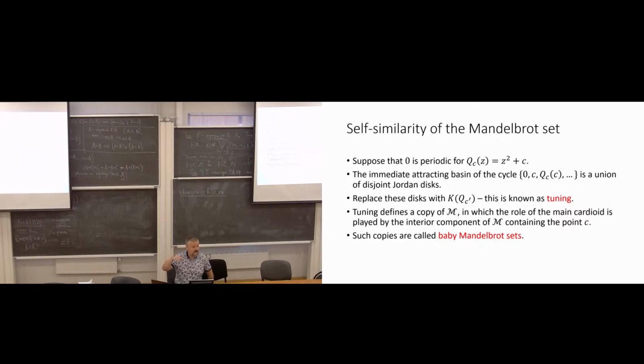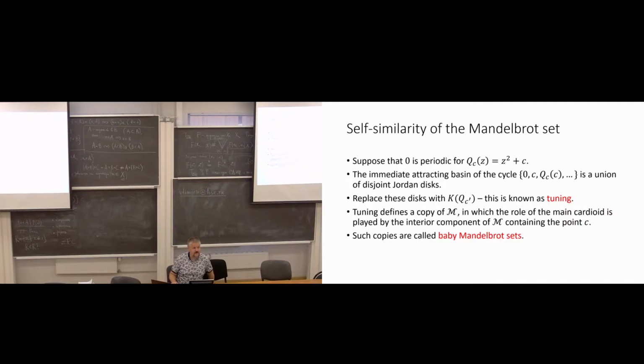In general, the attracting basin will consist of infinitely many components, some periodic components and some non-periodic components. But if you take only the periodic components around the points of the cycle, you will get the so-called immediate attracting basins. These are disjoint Jordan disks.